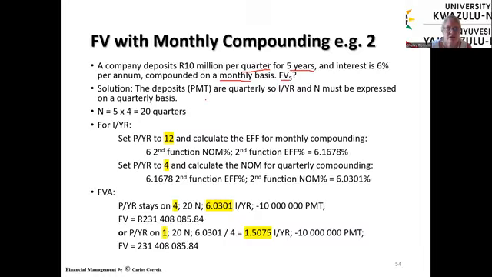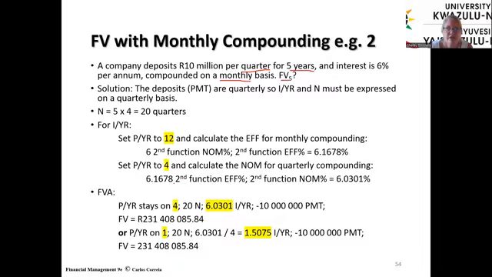So 6 is our quoted rate, 6%, quoted nominal rate. So we enter that 6, second function, non-percent. And because we've set our PYR setting to 12, the effective rate will actually be 6.16%. Now we set the PYR to 4 to account for quarterly compounding.